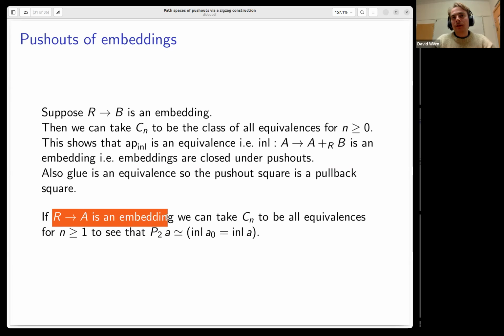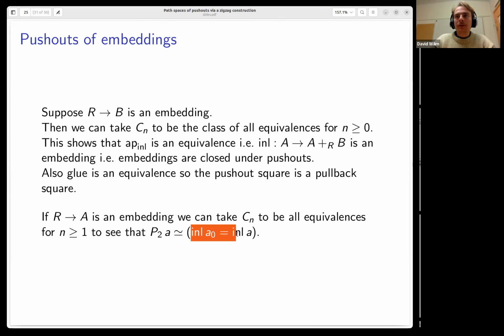If instead we assume that R to A is an embedding, it won't be true that inleft is an embedding in general, but we can still describe this type inleft A0 equals inleft A. It has some very explicit description, which basically expresses that in this case it is just P2A, expressing that you only need paths of length 2 to describe general zigzags in this case. Okay, but I don't want to say any more about this.